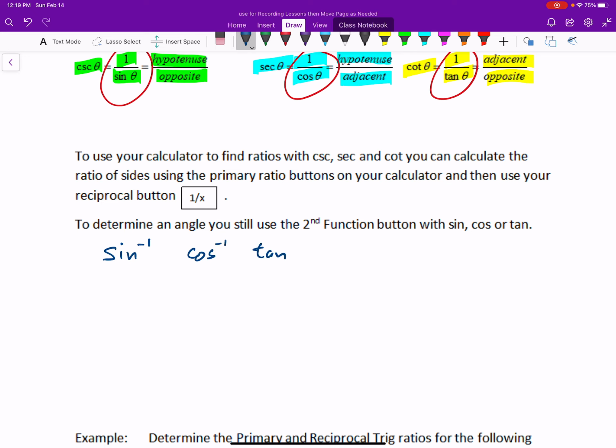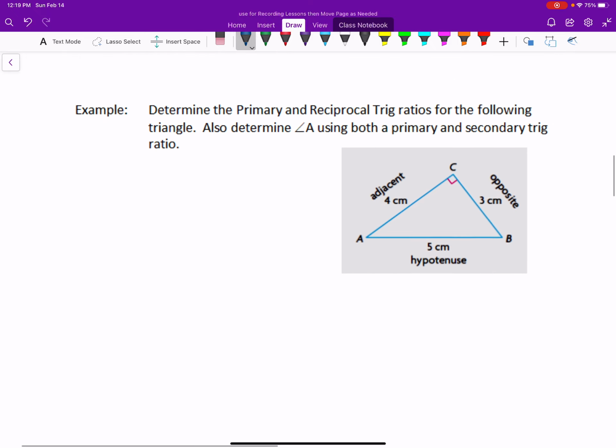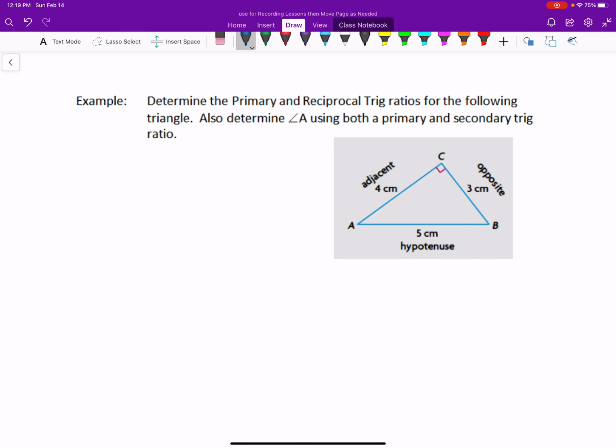And if I have a ratio and I use the second function to reach these functions on our calculator, it will tell us what the angle is for a given ratio. So like everything in math, you can do things one direction, but you can also do them backwards. Everything in math can be undone and done in the opposite direction as well. So that's a good thing to keep in mind. So let's go through some examples.